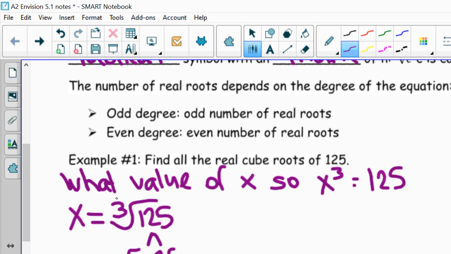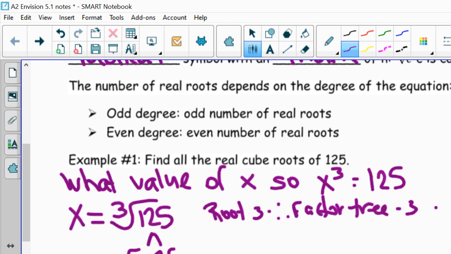Now, up to this point, you've done factor trees and you've taken pairs out, buddies, because you were always doing factor trees on square roots. Here I have a root of 3. Therefore, when I do a factor tree, I need 3 alike to come out.